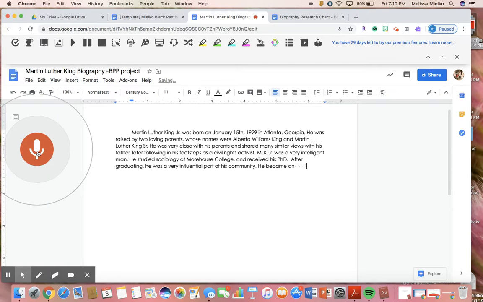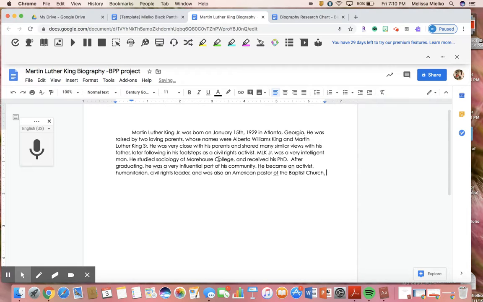He became an activist, comma, humanitarian, comma, civil rights leader, comma, and was also an American pastor of the Baptist Church, period. All right, let me go back in and edit that really quickly. After graduating, he was a very influential part of his community. He became an activist, humanitarian, civil rights leader, and was also an American pastor of the Baptist Church.